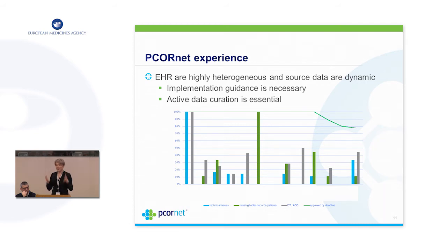And that's a rich source of information for us, but sometimes we don't get those back. So we called that out as well. The good news is that the very top line that you see tells us how many of our partners and networks were approved by the deadline that we set, and that is so much better than it was a few years ago. So there's real improvement there.